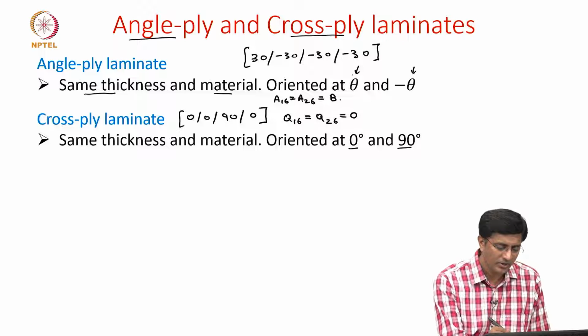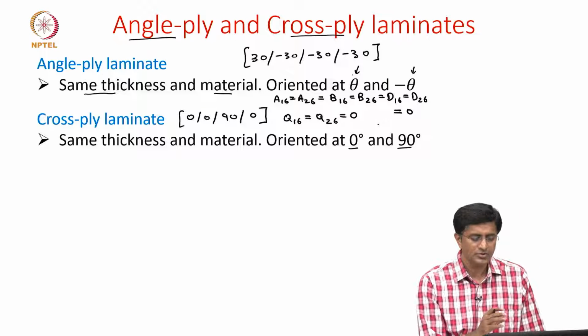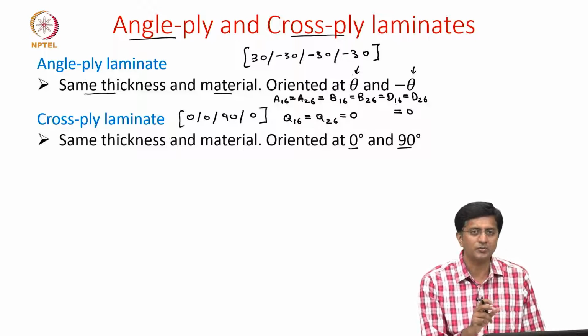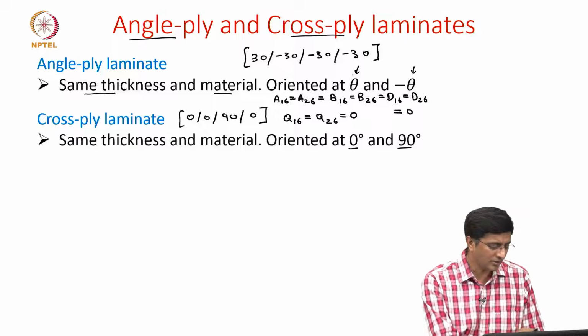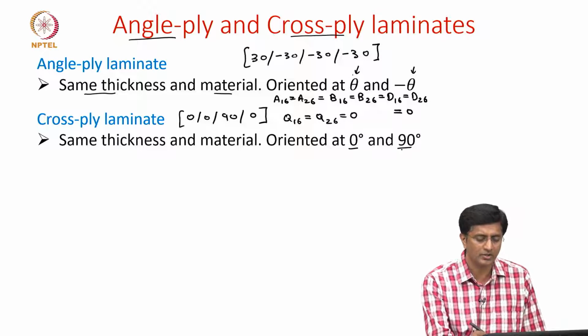Similarly, B16 and B26 go to 0, and D16 and D26 also go to 0. So some of these couplings, like the extension-shear coupling or the bending-twist coupling, do not exist in a crossply laminate, solely because we are only focusing on either 0 degree or 90 degree.